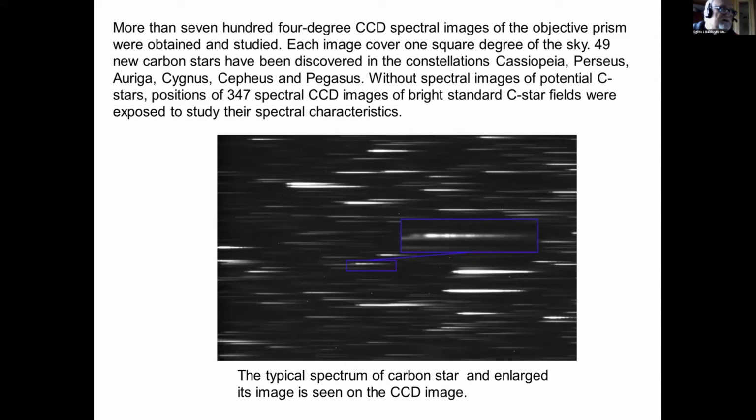More than 700 CCD frames covered, in this observation period, the Cassiopeia, Perseus, Auriga, Cygnus, Cepheus, and Pegasus constellations. We discovered 49 new carbon stars, and 347 bright standard stars were also observed in this period to study the spectral characteristics of these objects.